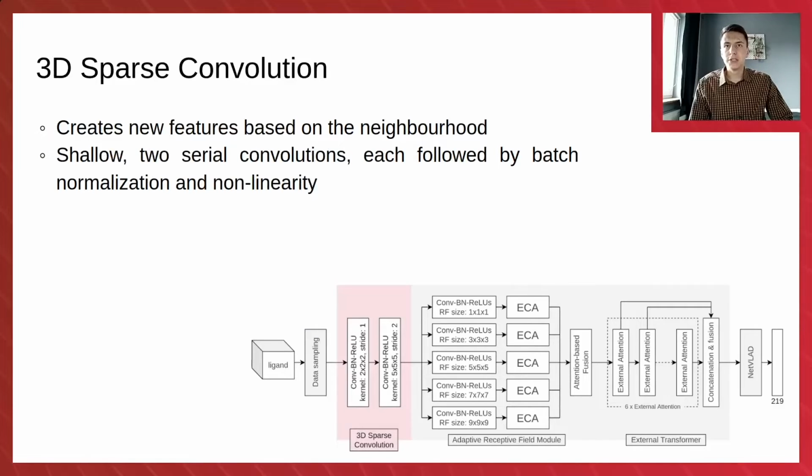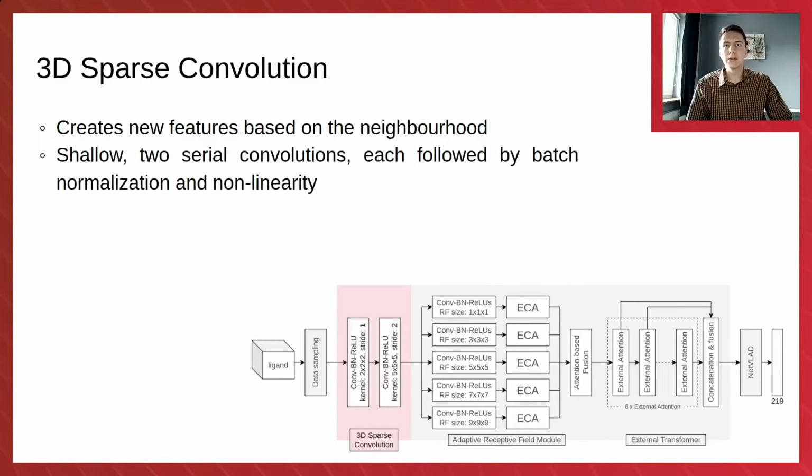The very first module of Translog 3D is the 3D sparse convolution module. It's inspired by successes of previous similar architectures like Minklog 3D. It's a shallow convolutional neural network creating new features based on the neighborhood. It consists of only 2 convolutional layers. The first convolution has a 2x2x2 kernel with stride 1.